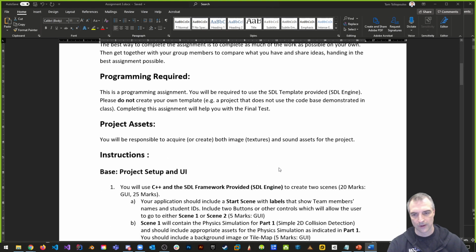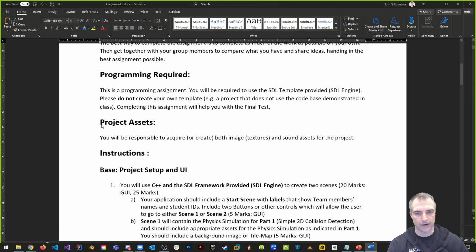All right. So you're also going to have to acquire or create both your image and sound assets. It's up to you how you're going to do that. I don't expect you to create anything, but you need to acquire your assets on your own. And what I'm going to ask is, please do not use the assets from your lab, unless otherwise instructed to do so, or any of the assets that I've shown you in class.